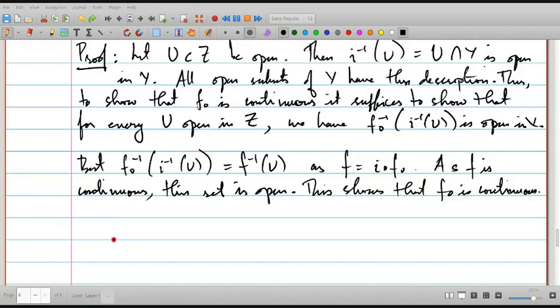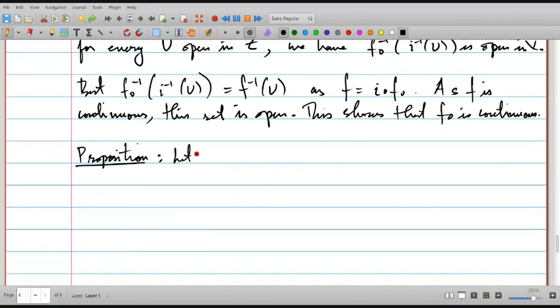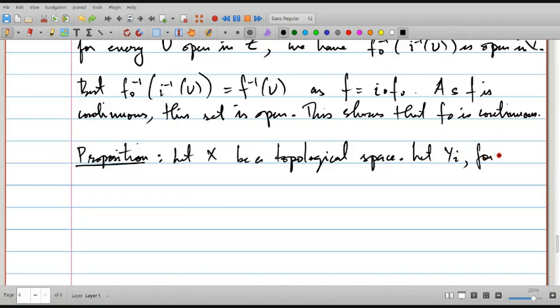So let us prove this proposition. Let X be a topological space and let Y_i for i in I be a collection of topological spaces.